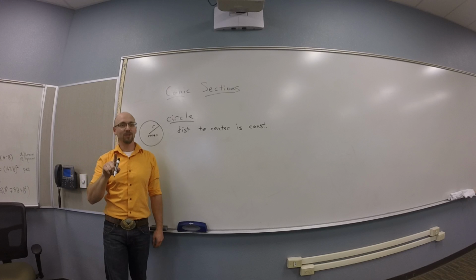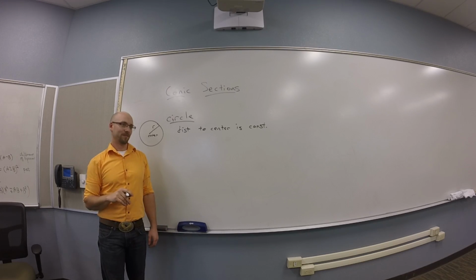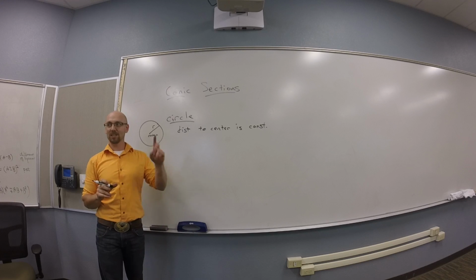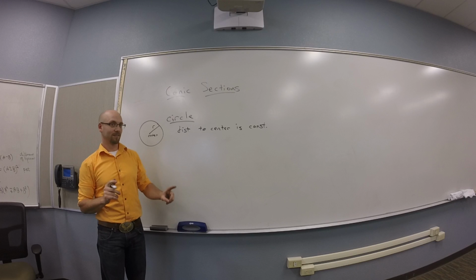Do not confuse this with the idea that the distance from edge to edge through the center is constant. That's constant diameter, which it turns out is slightly different. So constant radius and constant diameter are slightly different. We're talking constant radius here.